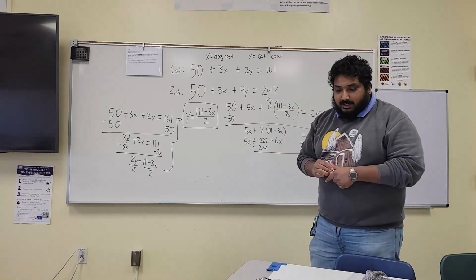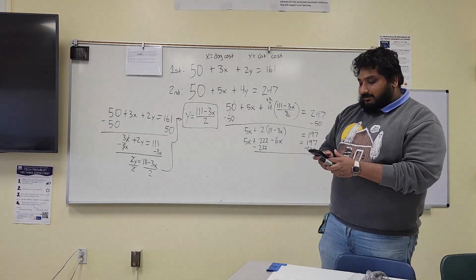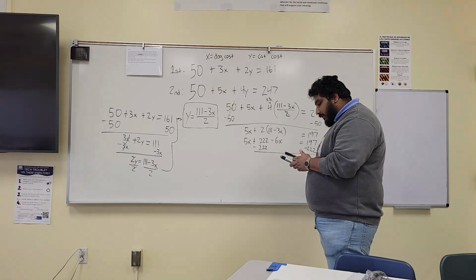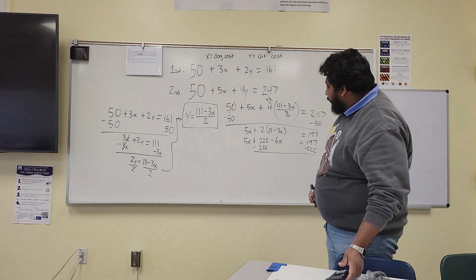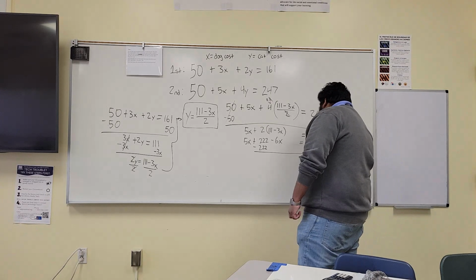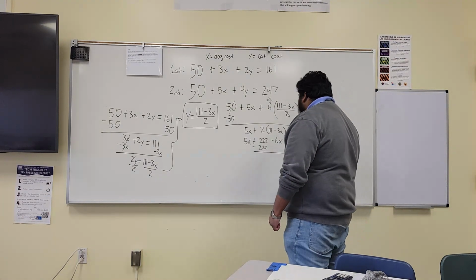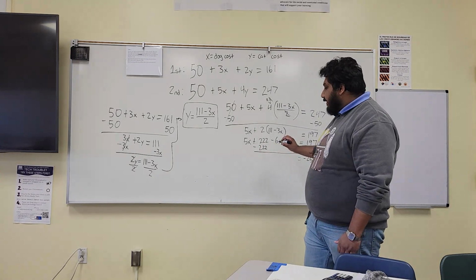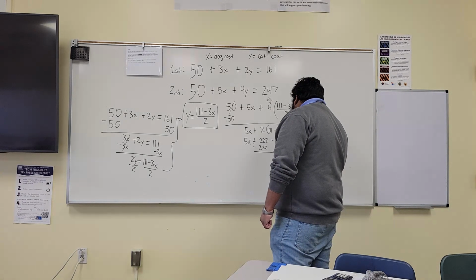Let me get my calculator, make sure I do that right. Let's see, 197 minus 222. That's going to give us a negative 25. It's okay, we have a negative number right now, because when you combine 5x and negative 6x, that's going to give you a negative x.